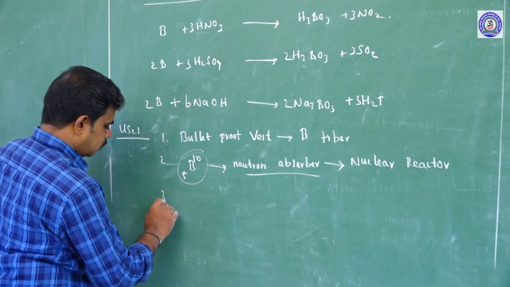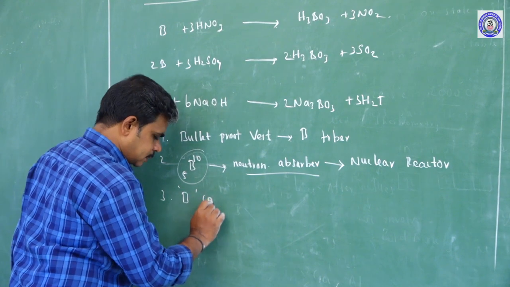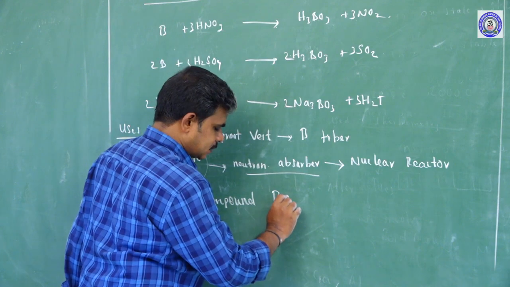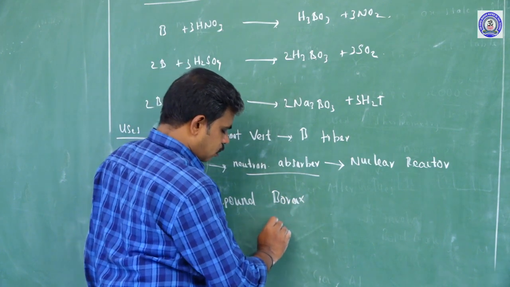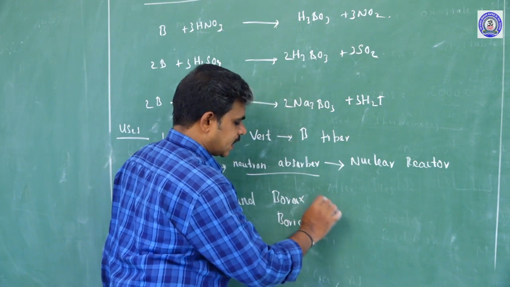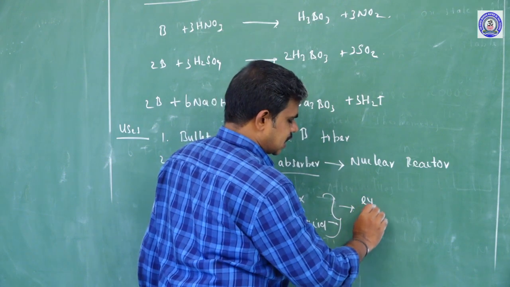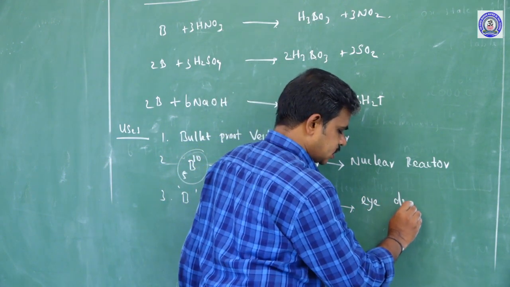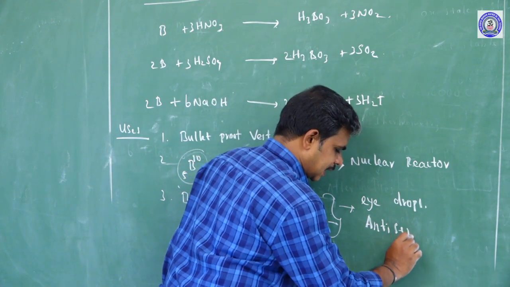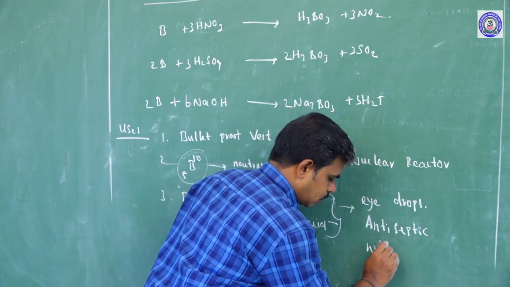And the third one, boron compounds like borax and boric acid have plenty of uses. They are used in eye drops, as an antiseptic, even in washing powder.